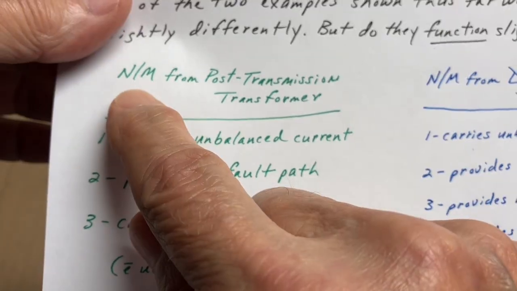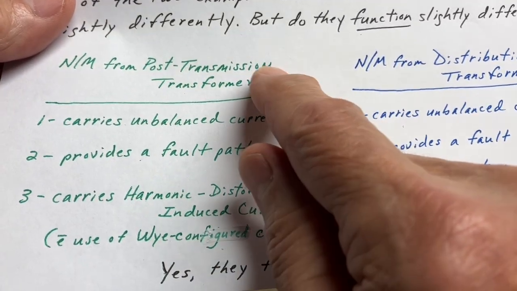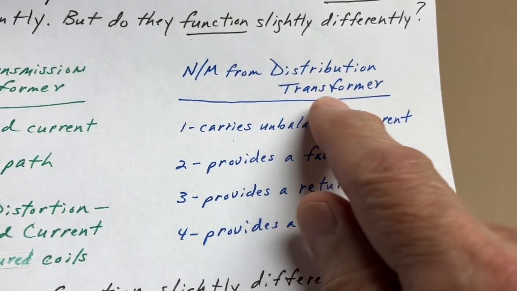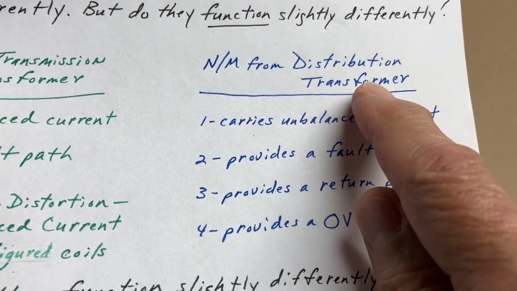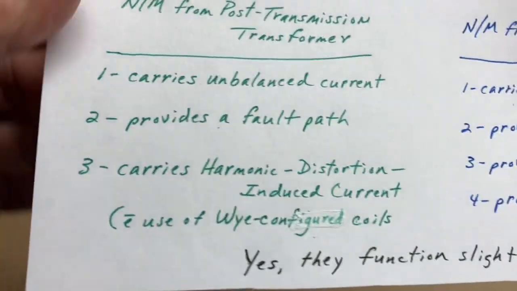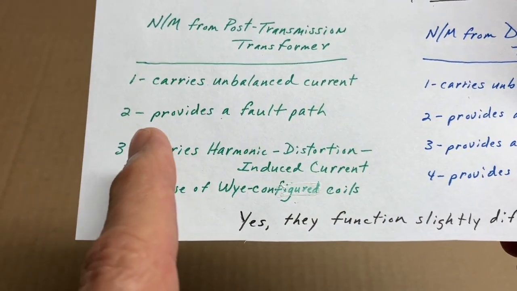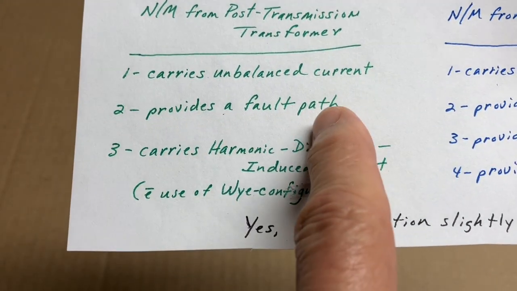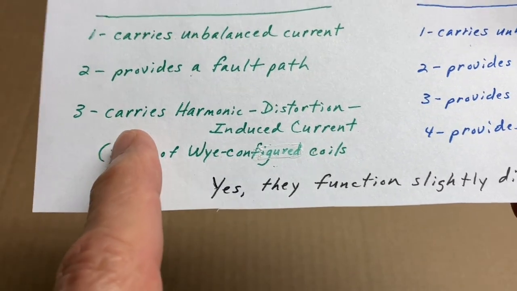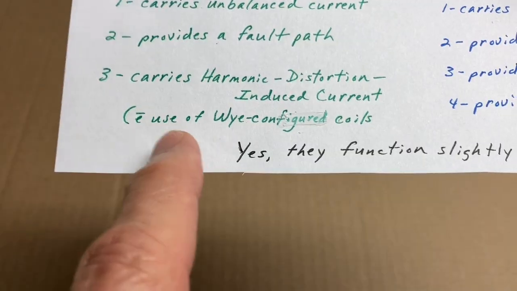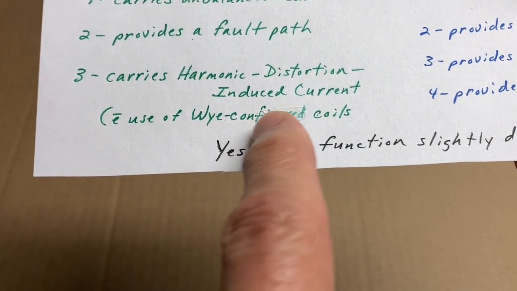So the neutral median from the post-transmission transformer, which comes before the distribution transformer, carries unbalanced current. That neutral provides a fault path, and that neutral carries harmonic distortion-induced current. And that's because they used the Y-configured coils.